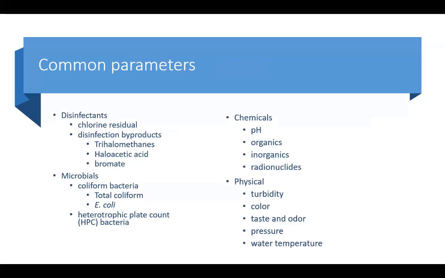So in terms of what is measured out in the distribution system, there are a number of parameters that are routinely measured. These include disinfectants, so we'd be looking at a chlorine residual. Disinfection byproducts are chemicals that are formed from the reaction of the disinfectant with organic or inorganic matter that is present in the water.